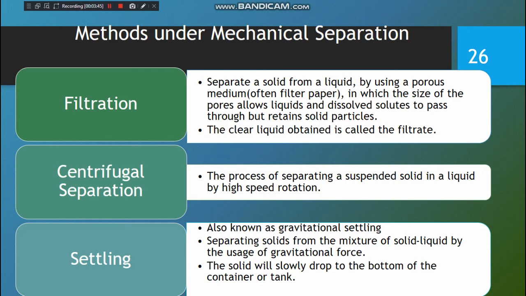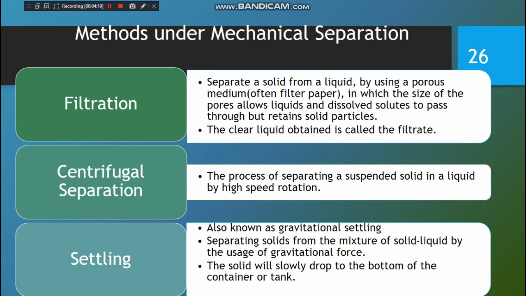So from that statement that I explained before, it can be understood that the method of filtration is used to separate a mixture which contains solids and liquid, a solid-liquid mixture, but also used to separate a mixture which contains solids and gases, a solid-gas mixture. Solid is the desired product, while liquid is an unwanted product for the case of solid-liquid mixture.